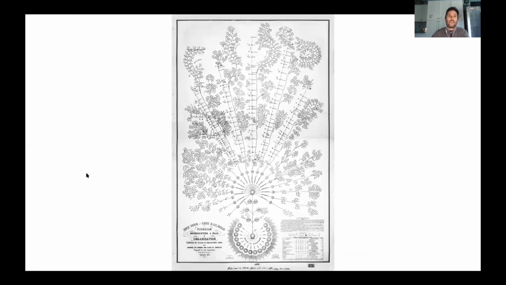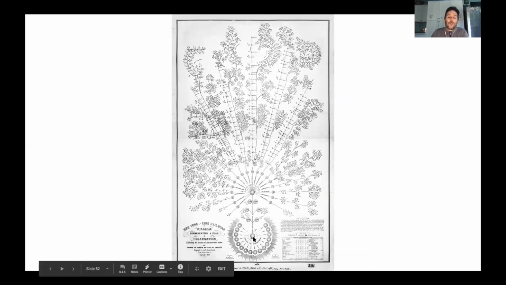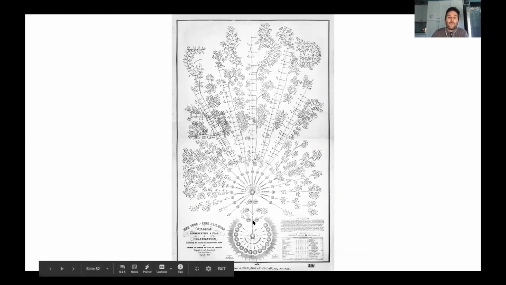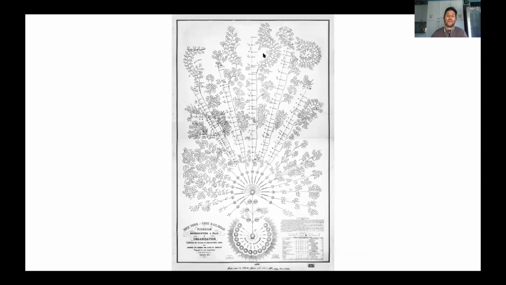This is an organization chart from 175 years ago from the New York and Erie Railroad. Here's the president, here's his board of directors, here's his vice presidents and his managers and his directors, and they're all connected to the people who report to who, all the way down to the very end of the line where the person who's working on the train or the railroad track is connected to their managers.